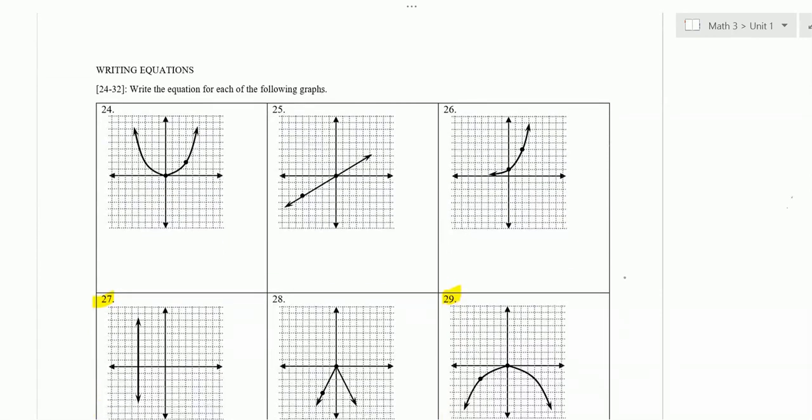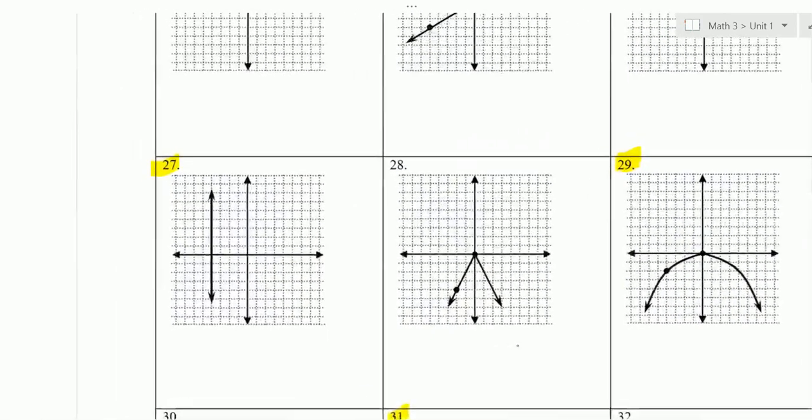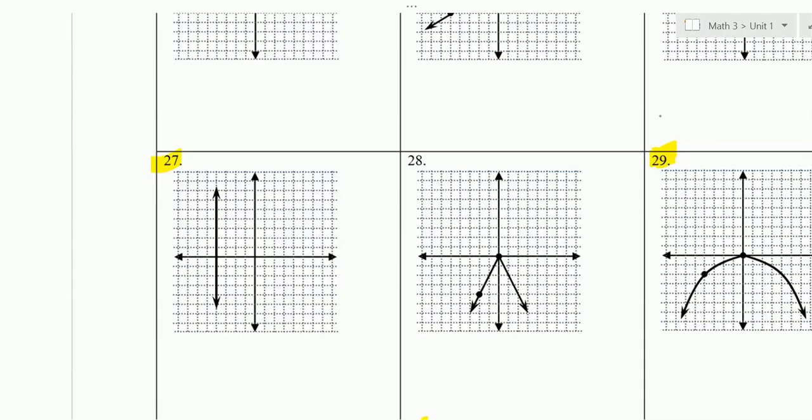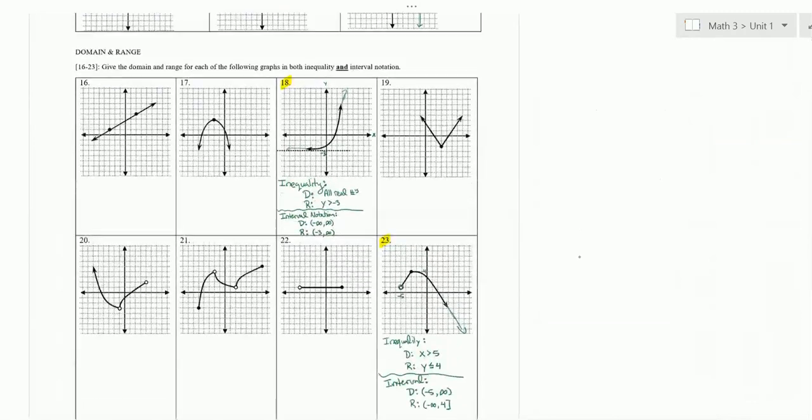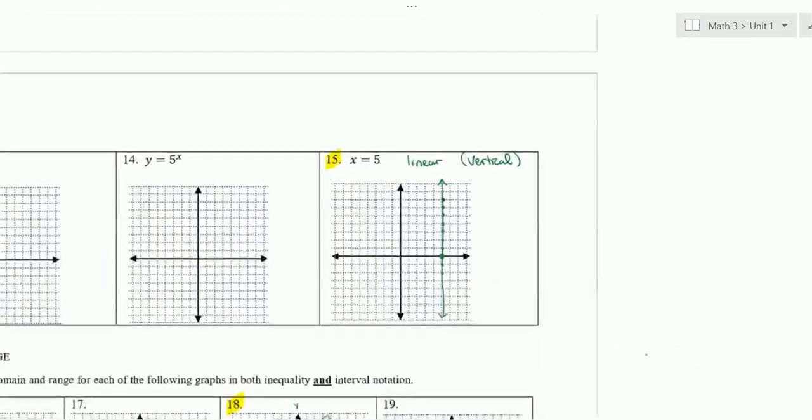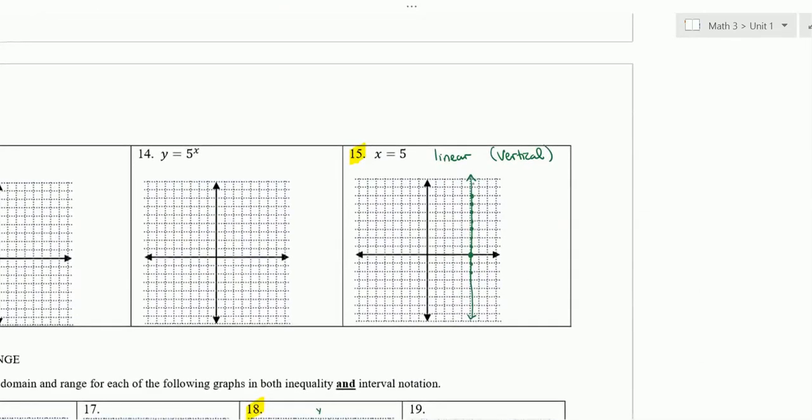The next section, we're asked to write the equation for the following graphs. Let's look at 27. 27 is that special case. If we go back and take a peek at 15, we said vertical lines look like this. We got x equals whatever that x value is for them.